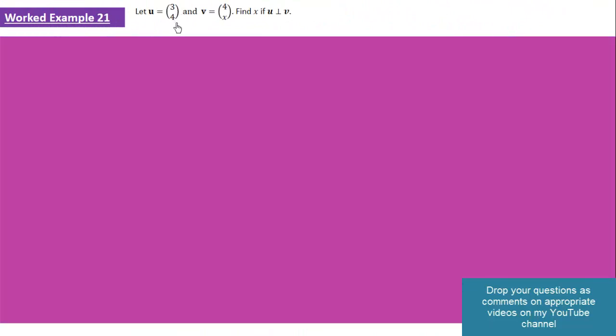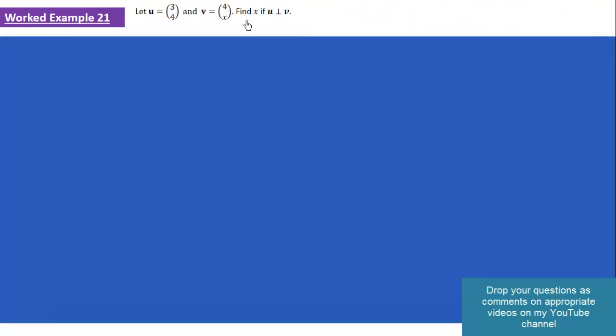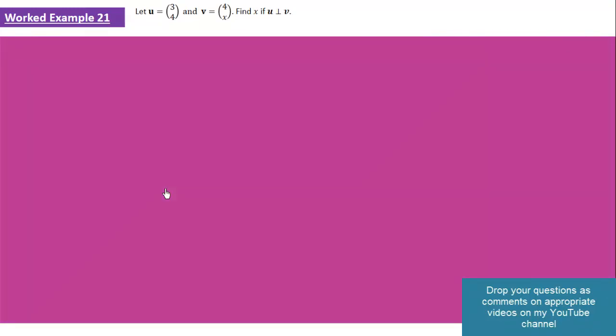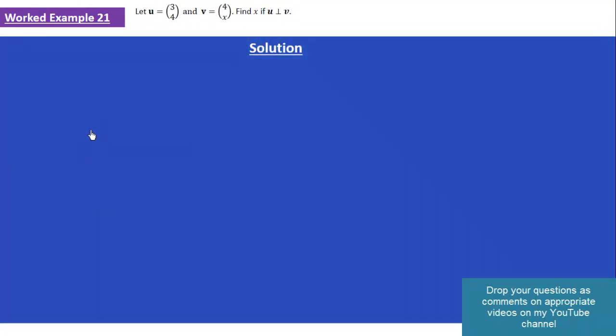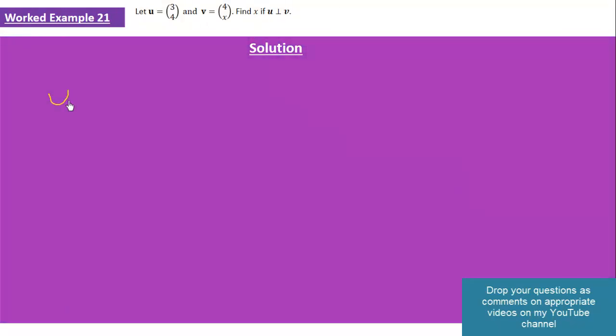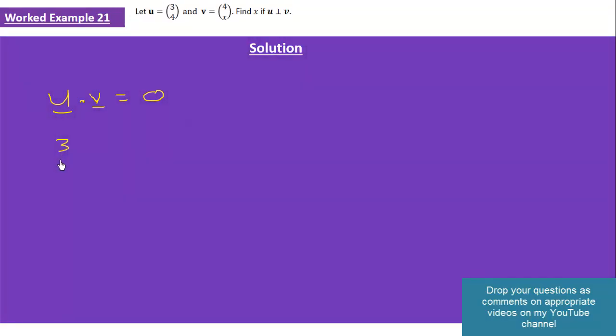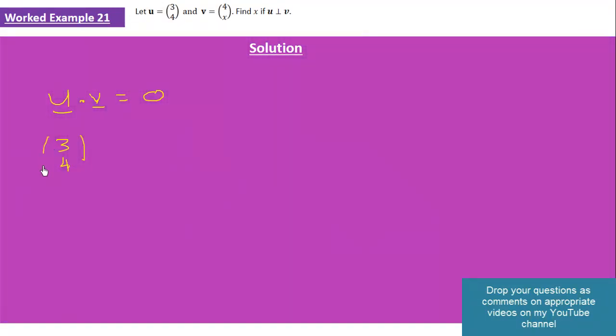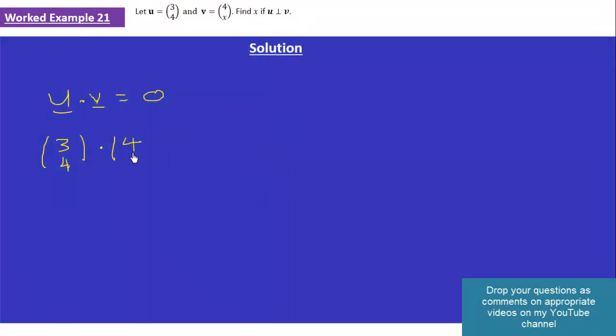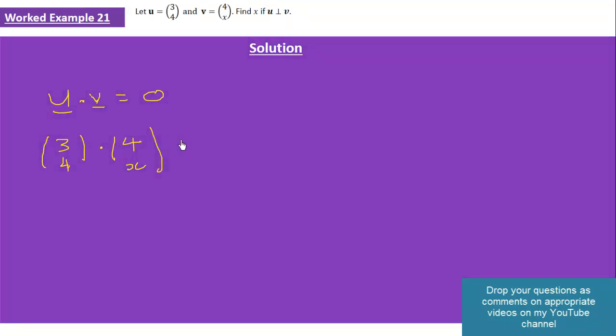Let u equal (3, 4) and v equal (4, x). Find x if u is perpendicular to v. This sign means perpendicular. So if two vectors are perpendicular, then their dot product must be equal to 0. So we have u dot v should be equal to 0. Now we have u to be equal to (3, 4), then v to be equal to (4, x), equals 0.